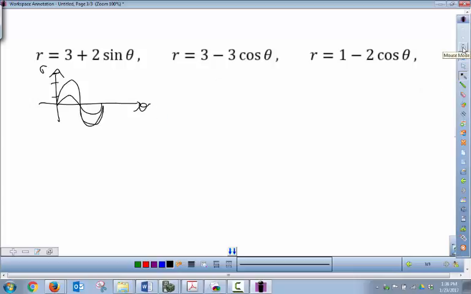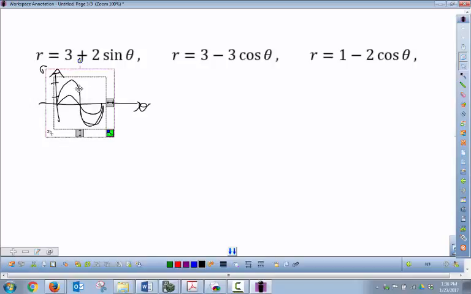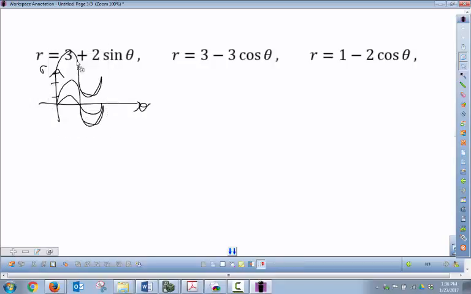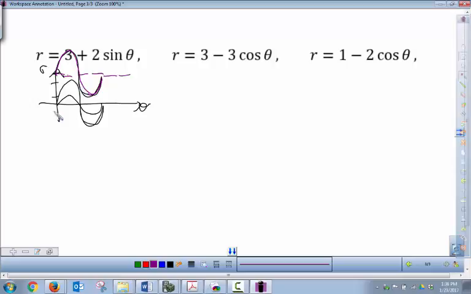Are you going to touch the x-axis? If you move it up like this, you're not going to touch the x-axis.